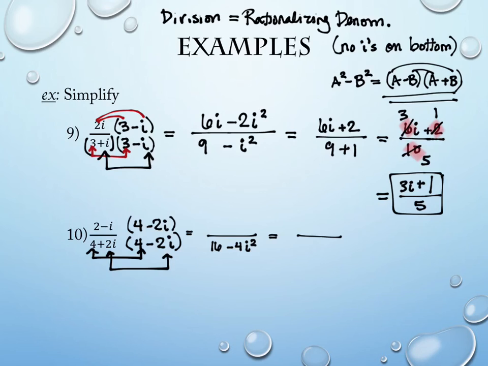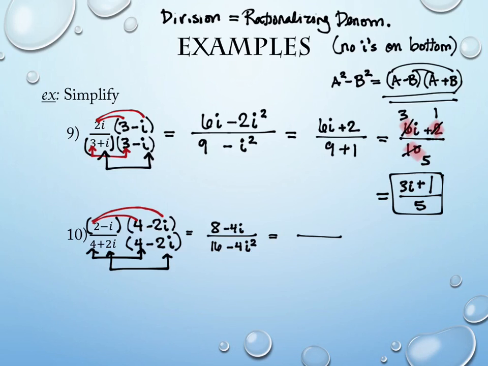But my numerator, I actually have to FOIL this time. And so it's actually going to be uglier than the denominator because I don't have conjugate pairs. So my first 2 terms, 2 times 4 gives me 8. My outside terms, 2 times -2i gives me -4i.